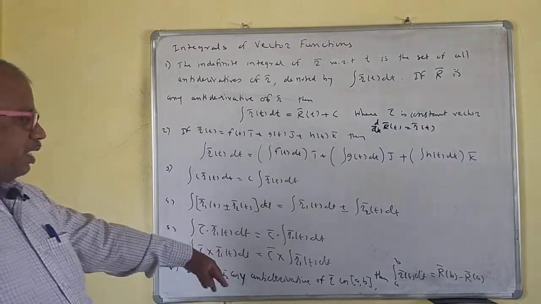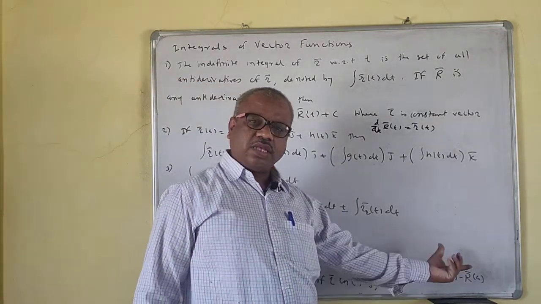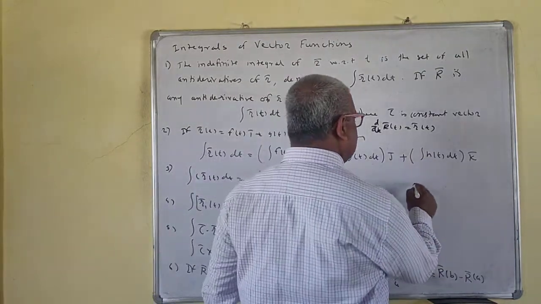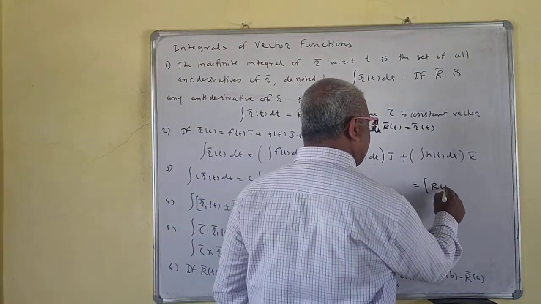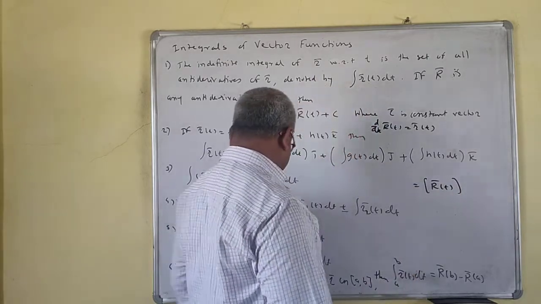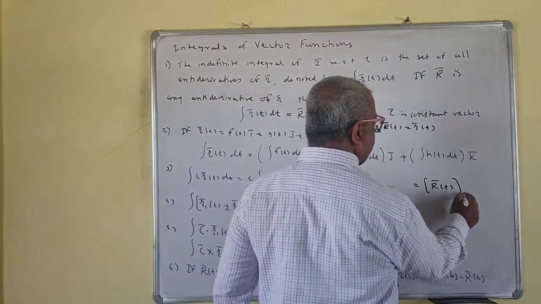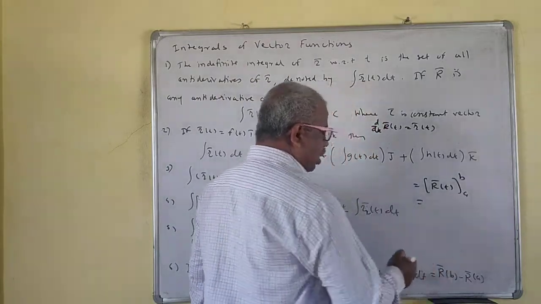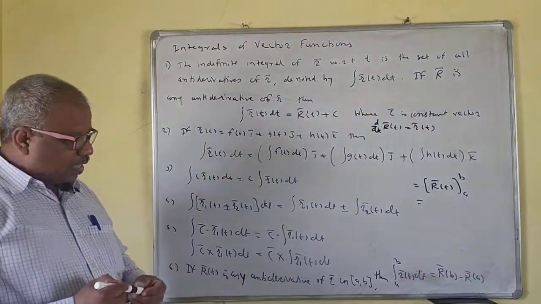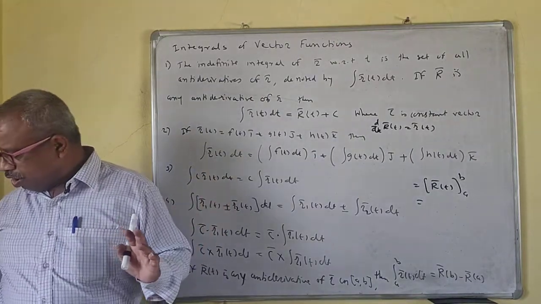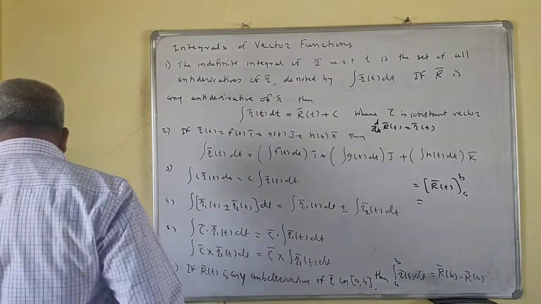The integration of r bar of t is capital R bar, and from a to b, it is R bar of b minus R bar of a. Okay, this is the theoretical part. For the integration, we will now see problems on it.